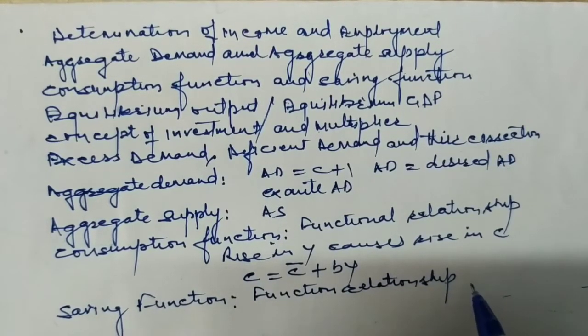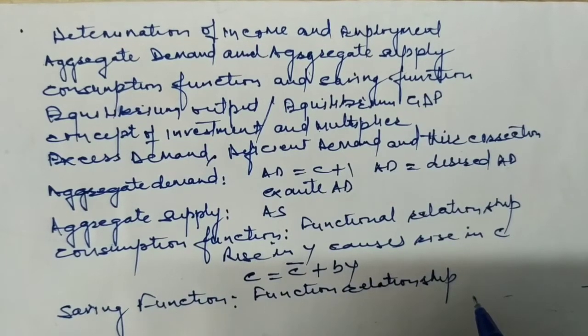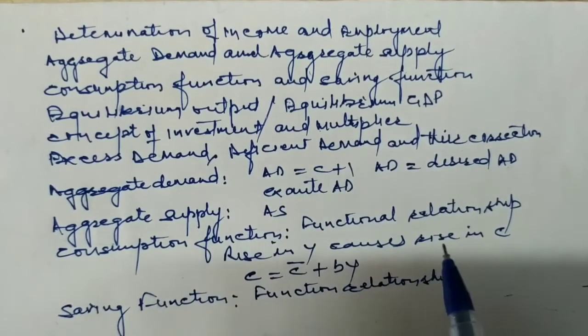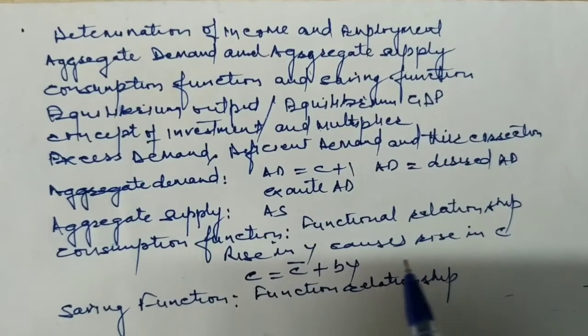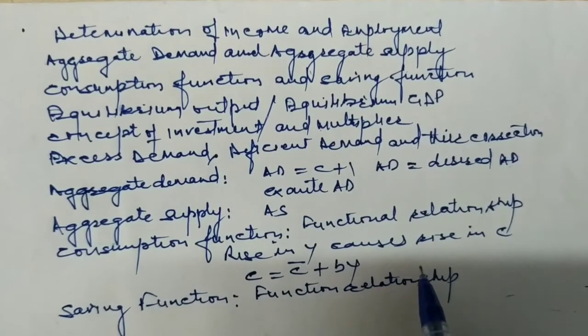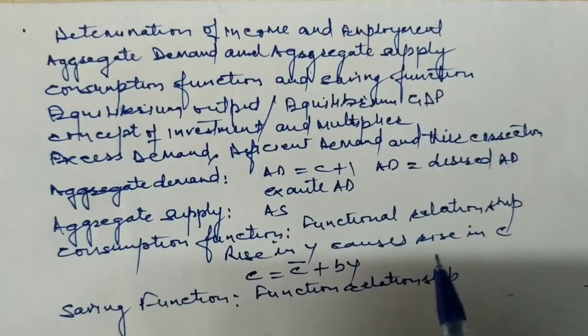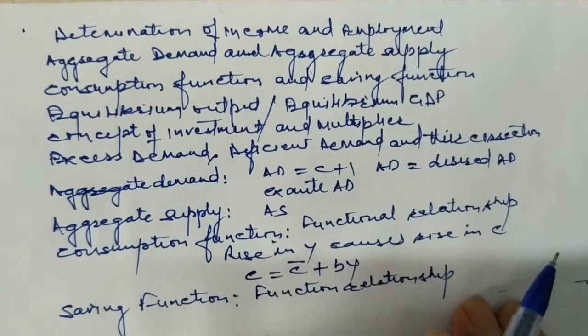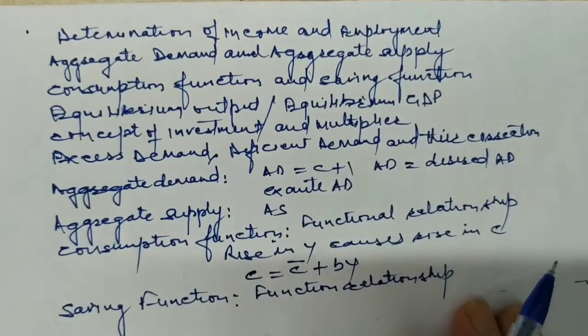It means as income rises, saving also rises, but saving rises more than proportionately to the rise in income. In the case of consumption function, consumption increases with the increase in income, but consumption increases less than proportionately to the increase in income.